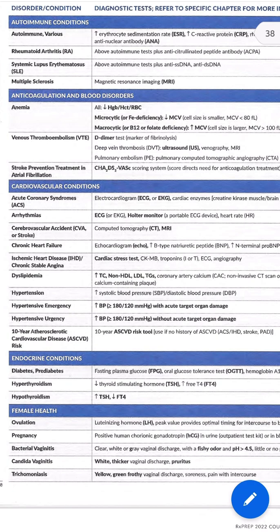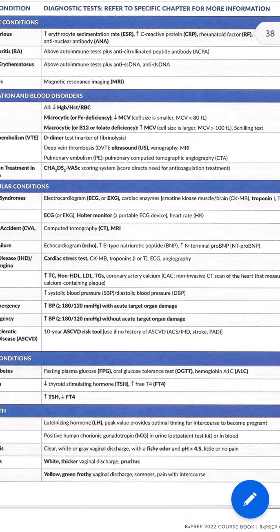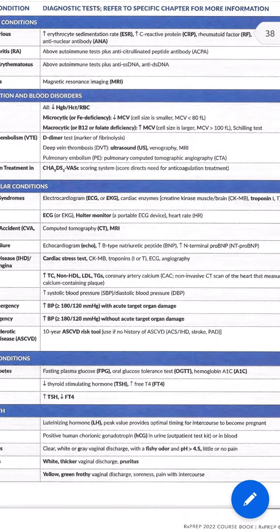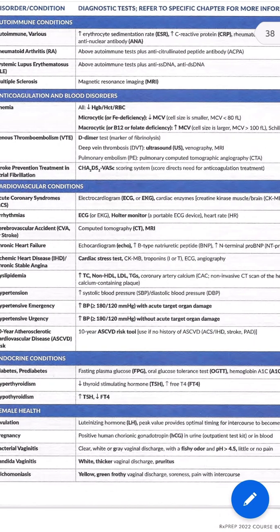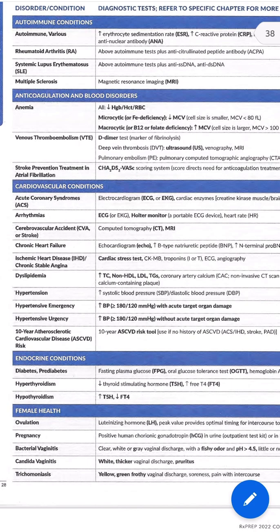Macrocytic, or B12 or folate deficiency, will increase MCV. That means cell size is larger, MCV is greater than 100. Macrocytic means that their folate is deficient.